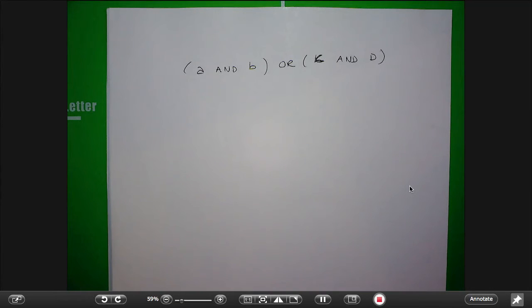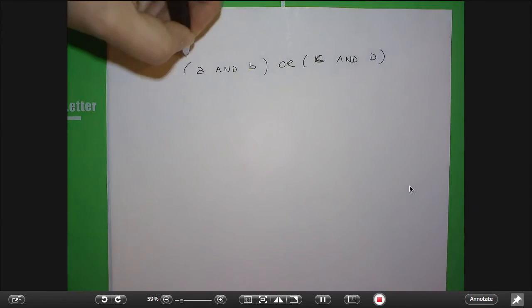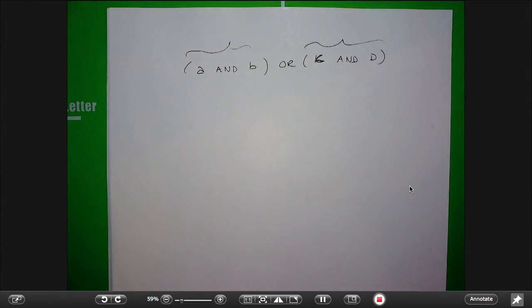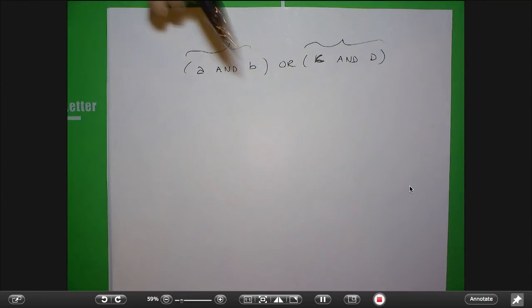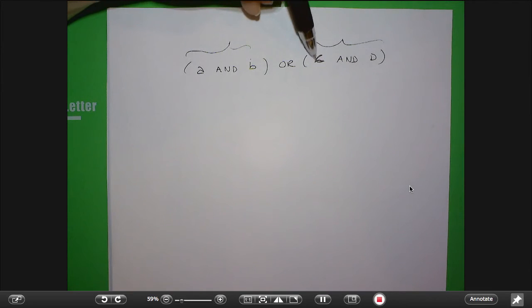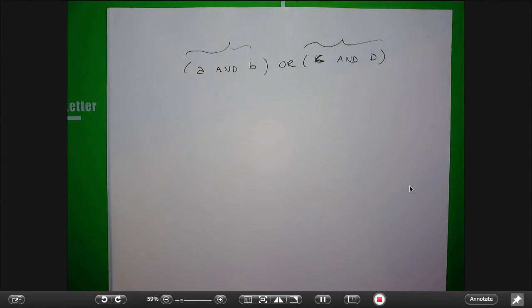If you write a condition like this, read this as follows. It says that either this condition should be true or this condition should be true. Of these two, if this is true, both A and B should be true. And for this to be true, both C and D should be true.